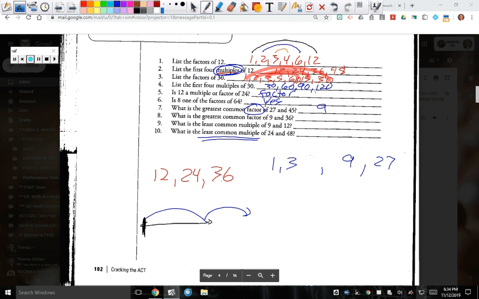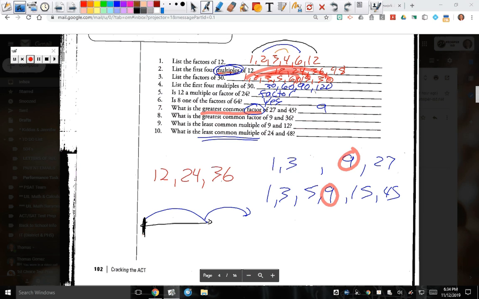And then 45, you'd have 1, 45, 3, 15, and then you also have 9. So the biggest one that they have in common, aka the greatest common factor, is going to be 9.